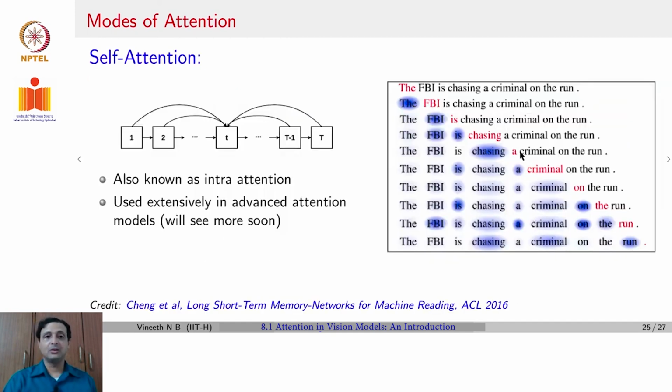A third kind, which is very popular today, is known as self-attention, where the attention is not with respect to a decoder RNN with respect to the encoder or an output RNN with respect to parts of an image, but is of attention of a part of a sequence with respect to another part of the same sequence. This is known as self-attention or intra-attention, and we'll see this in more detail in a later lecture this week.